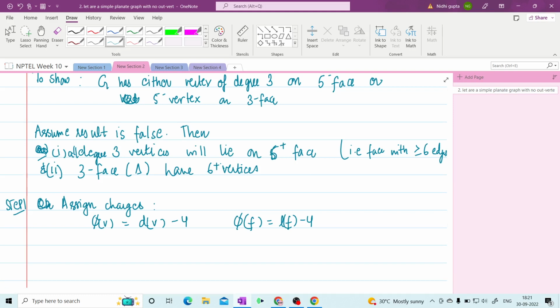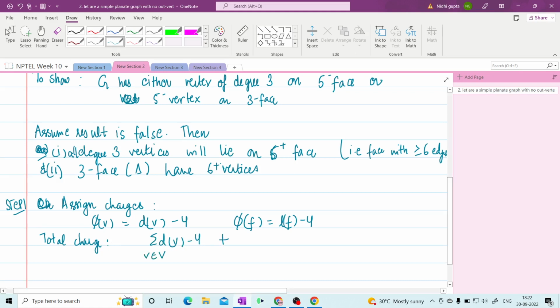The question was symmetric in vertices and faces, so it makes sense to assign the same charge. From the previous question, we know that the total charge was coming out to be -8.